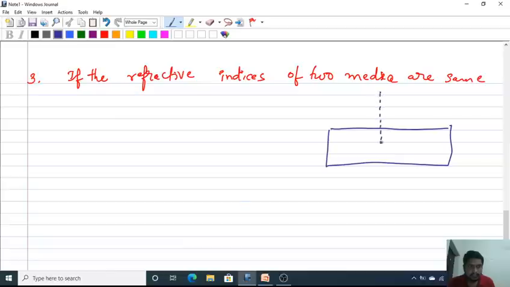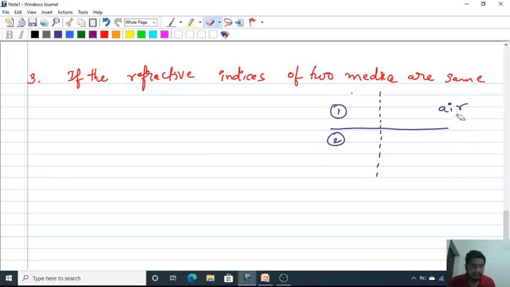The first medium is air, now it is glass. So light is traveling from rarer to denser, but the refractive index, sorry, I said wrong. I'm taking the refractive index of the two media the same, so I'm not specifying the medium here.